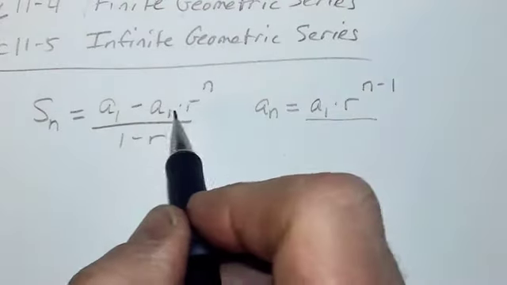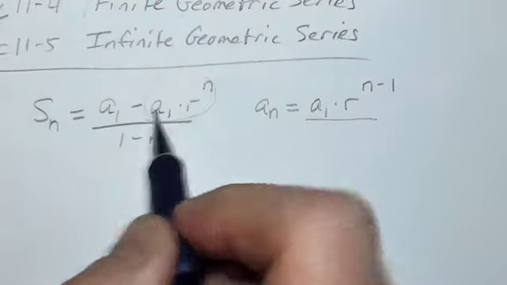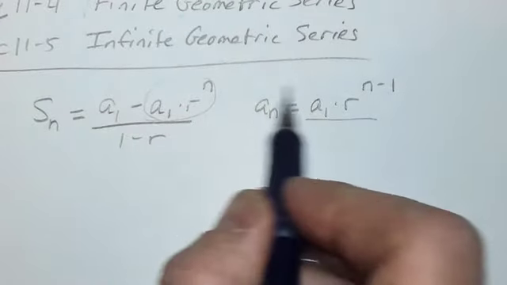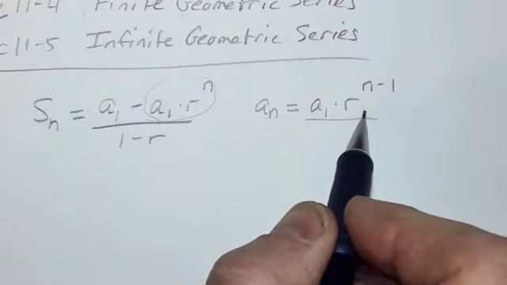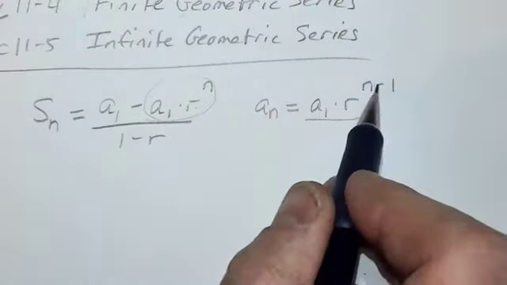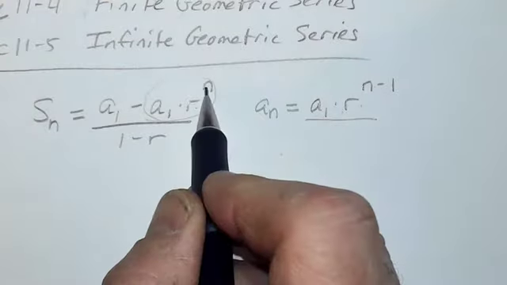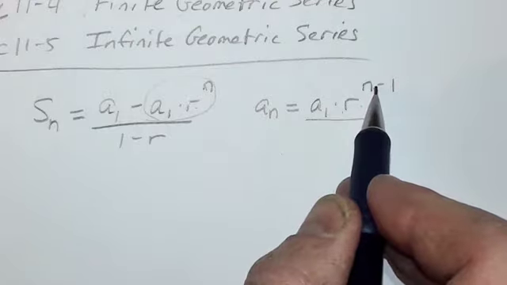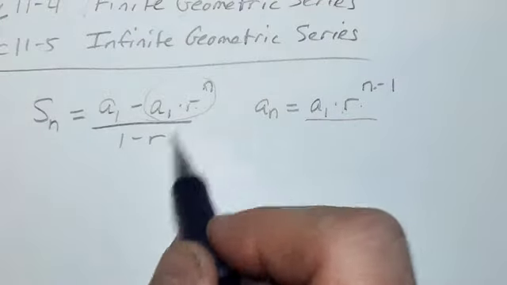They look pretty similar, except there's one more r here, because there are n minus 1 r's in one and n in the other. So if n was 10, there'd be r to the 9th instead of r to the 10th.